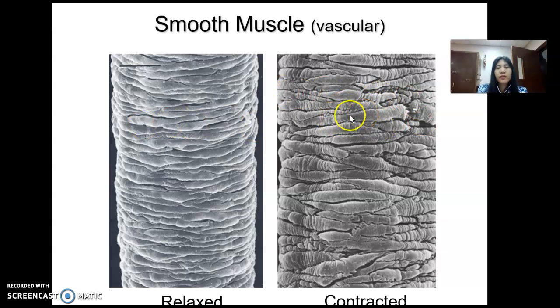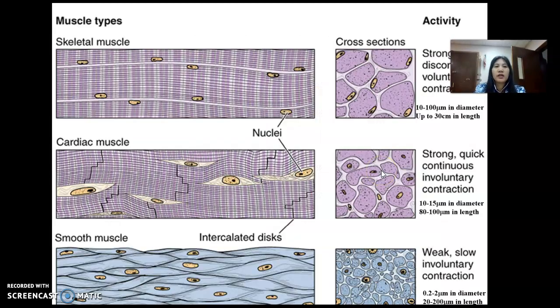Okay. Smooth muscle when it's relaxed is somewhat arranged, while when it's contracted it's just like when you use a rubber band or you use a rope, right? When you really tie or contract the rope, it will be same as this right side, right?